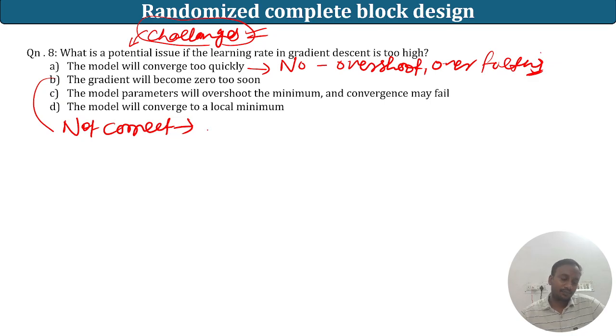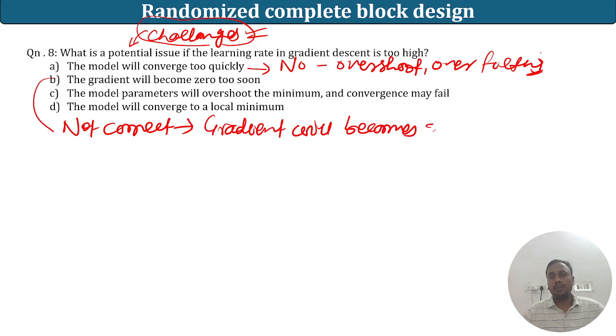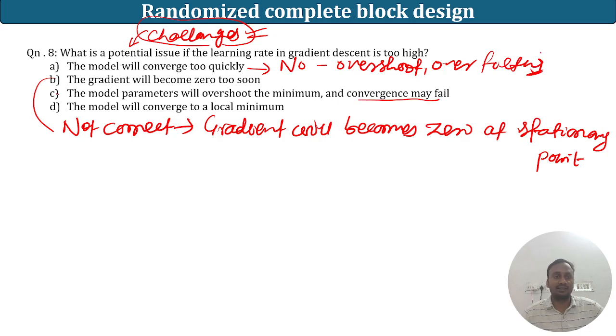What will happen? The gradient will become zero, where? At a stationary point. The model parameter will overshoot the minimum and convergence may fail. Yes. The model will converge to a local minimum?